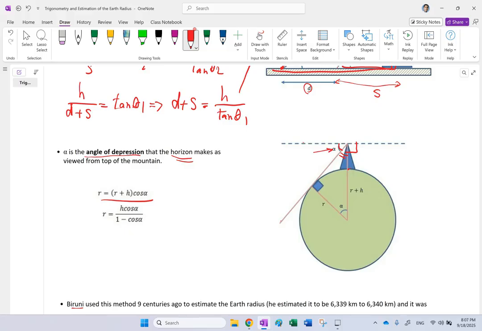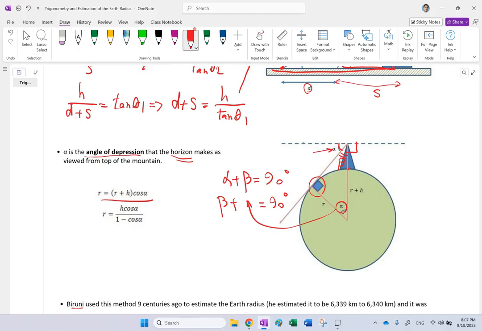And also, the sum of this angle here, let's call it beta, and alpha is 90 degrees. So alpha plus beta is 90 degrees. And also beta plus this angle, whatever it is, should also be 90 degrees. Why? Because they form a triangle and it is a right triangle. So clearly you see that this angle should also be alpha.